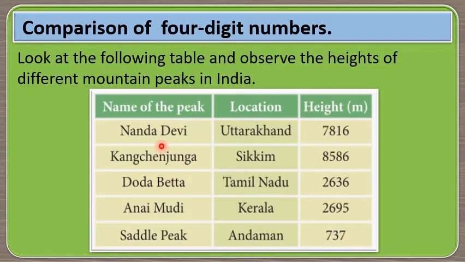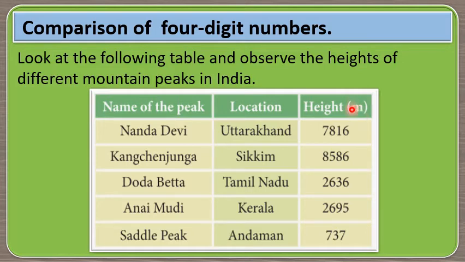Let us look at this table. The name of the peak or name of the mountain is Nanda Devi. Location is Uttarakhand and its height is 7,816 meters.